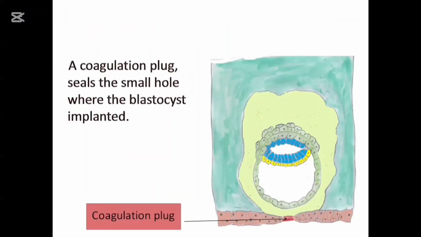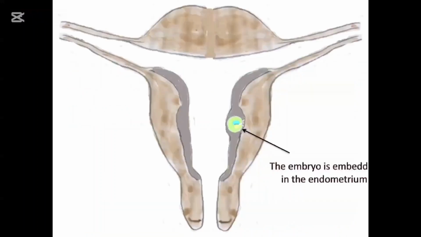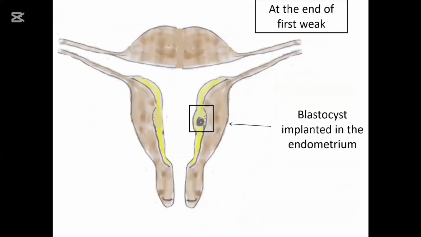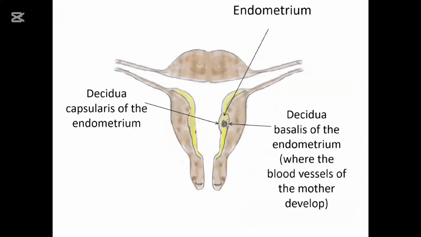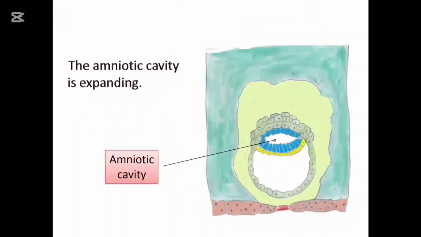Okay? And a coagulation plug will seal the small hole where the blastocyst implants. Here the implantation is completed, within the uterus and embedded in the endometrium. Here are some details I'm not going to mention in this lecture. There are more details in the coming lectures.